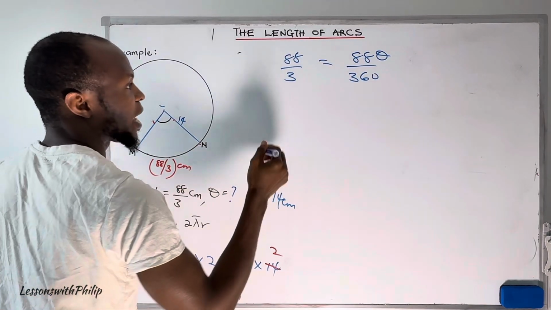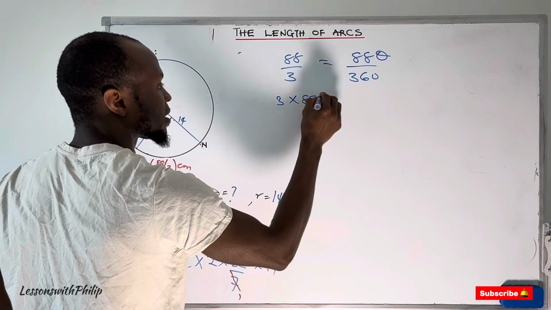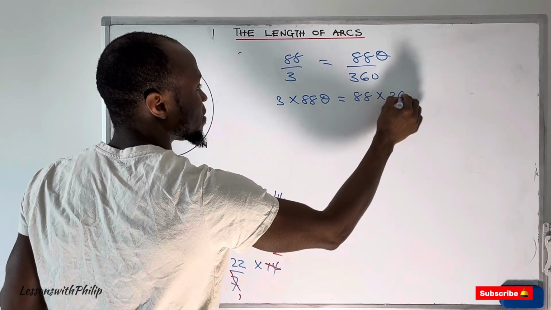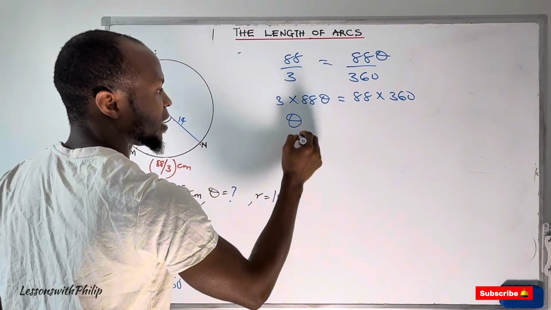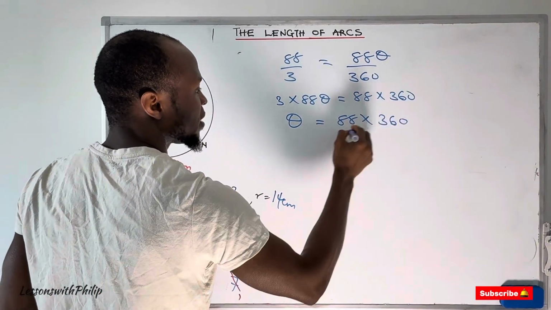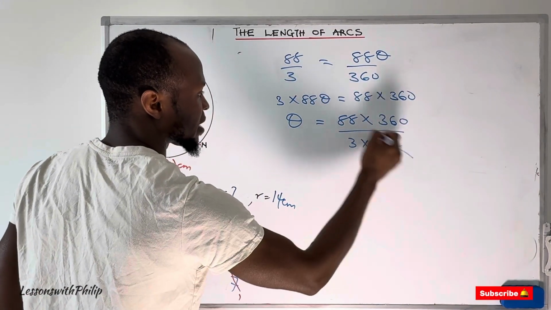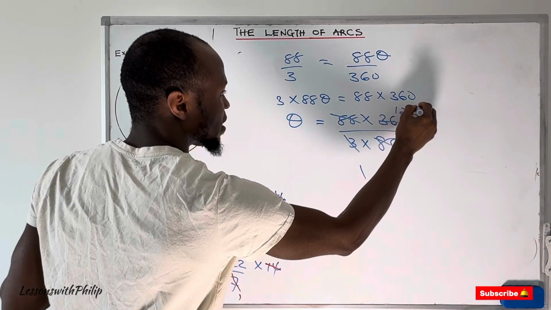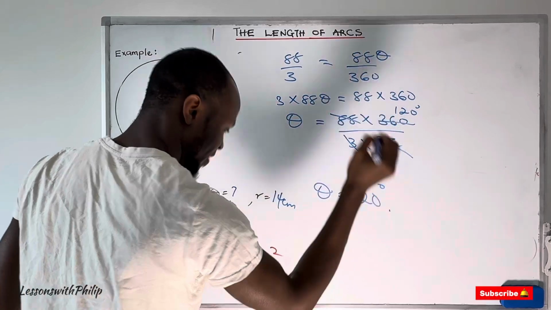If I cross multiply, then I have 3 times 88 theta equals 88 times 360. Now, if I want to make theta the subject of the formula, my theta will equal 88 times 360 degrees divided by 3 times 88. My 88 will cancel 88, and 3 into 360 is 120 degrees. So my theta is equivalent to 120 degrees.